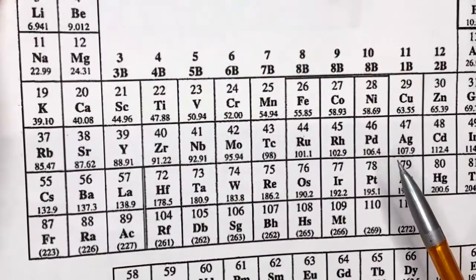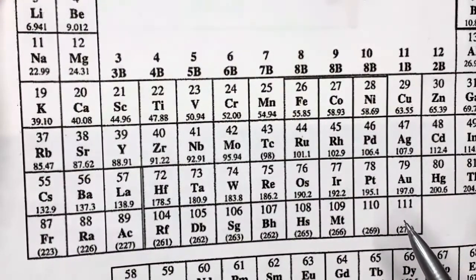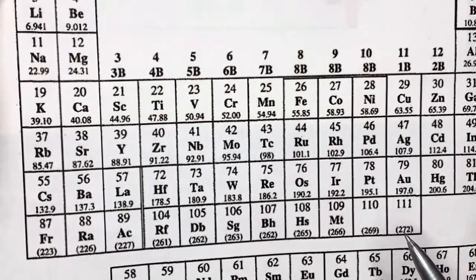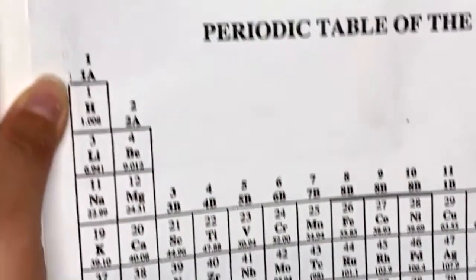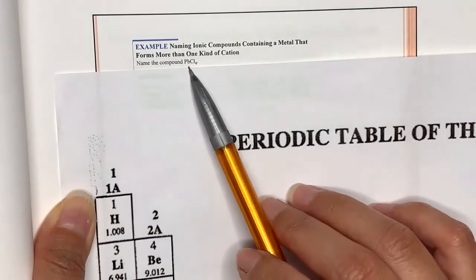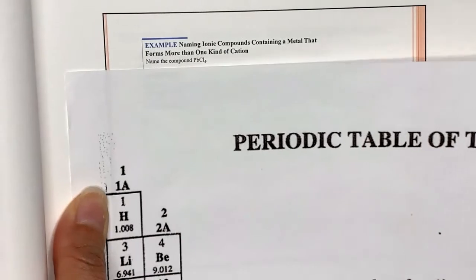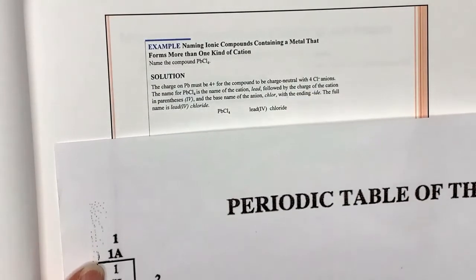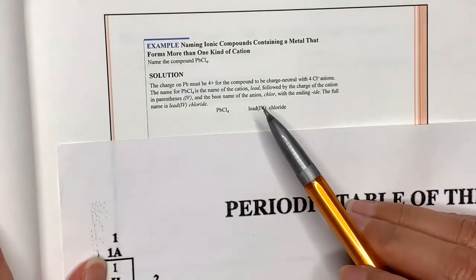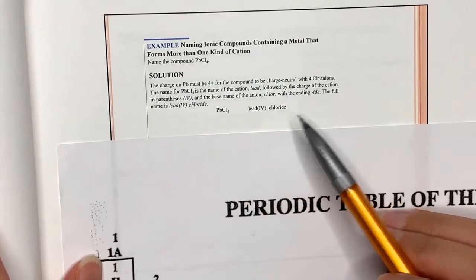Because Pb is in the transition metal area, make sure you write down Pb with the Roman numeral 4 behind it, okay? So you write lead(IV) chloride.